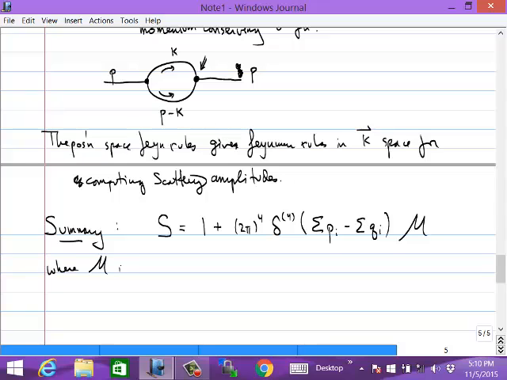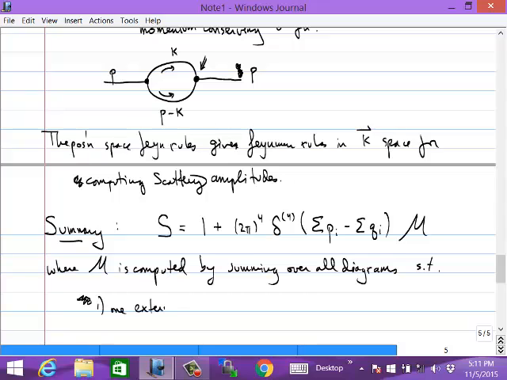So M is computed by summing over all diagrams with the property that they have one external line for each incoming or outgoing particle.